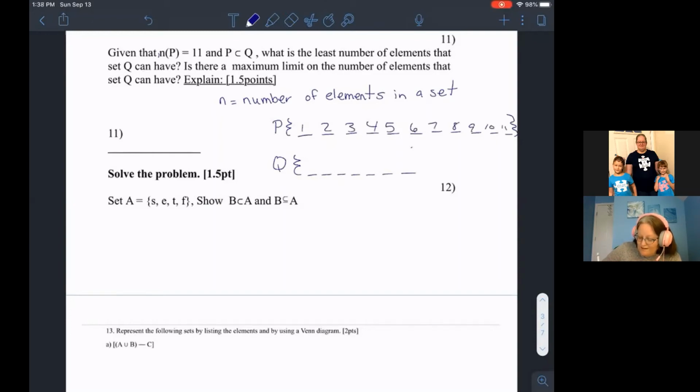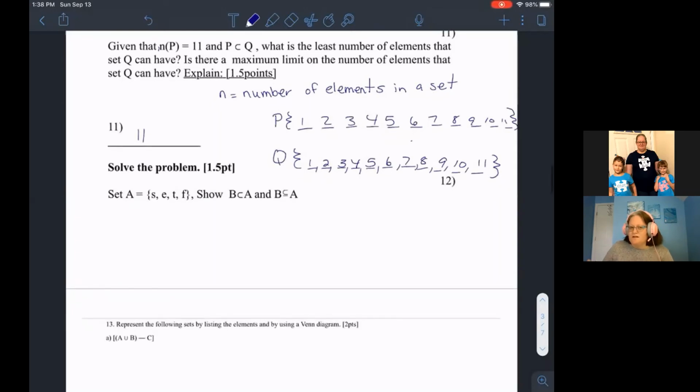So Q has to have at least that number in there for P to be considered a subset. And so it has to be at least 11 to contain P.